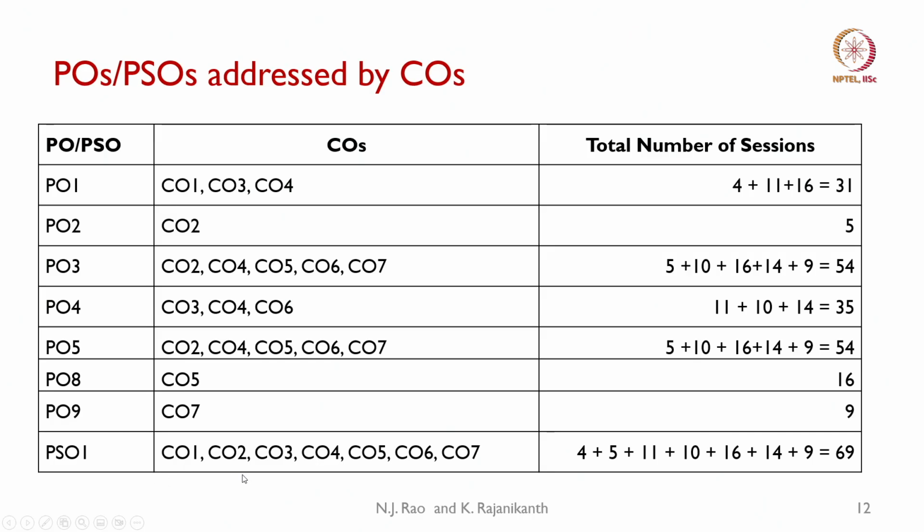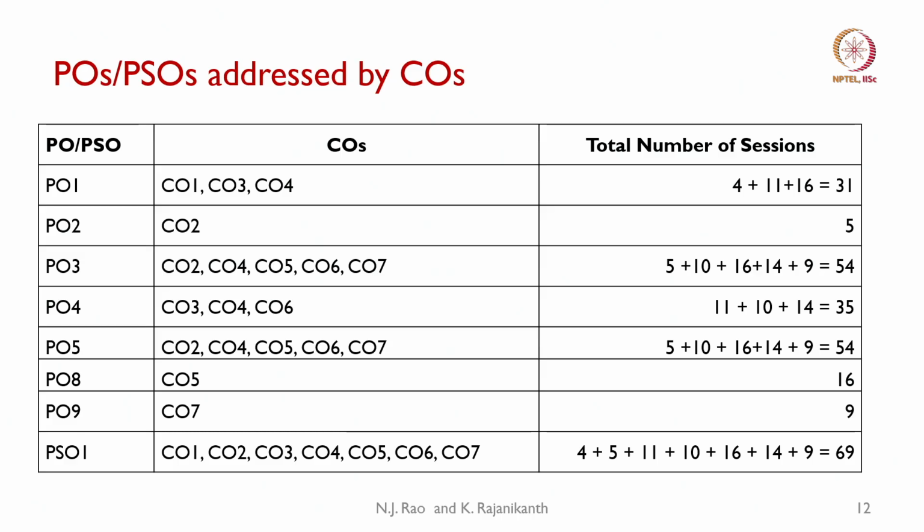Normally, when you look at PSOs, if you have written your PSOs appropriately, generally one course addresses one PSO only. Occasionally there can be overlap, maybe more than one PSO may be addressed, but predominantly in my experience, one course will address one PSO.